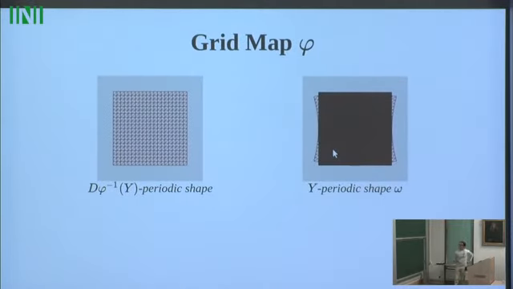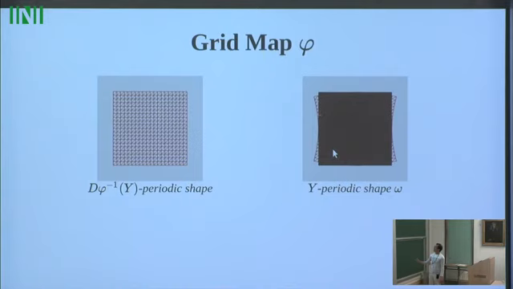Okay, so here is the main idea. The main idea is based on the introduction of something that we call a grid map. On the left-hand side here, we have our meshed optimization domain, and the grid map is a map from the domain D of optimization into R2.